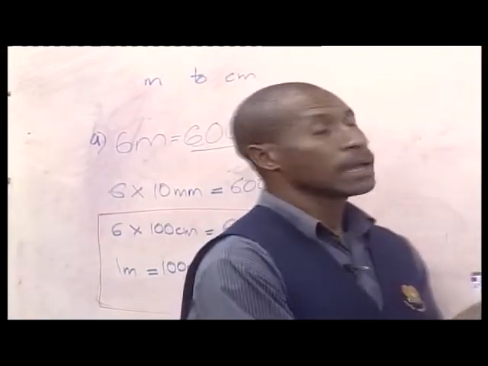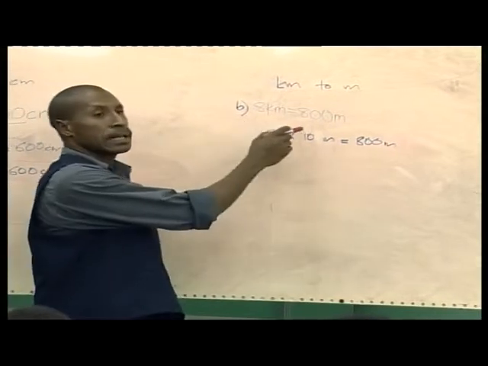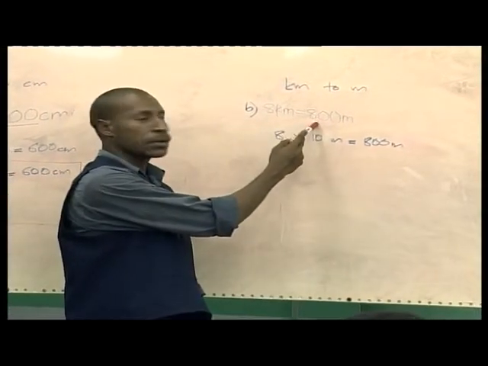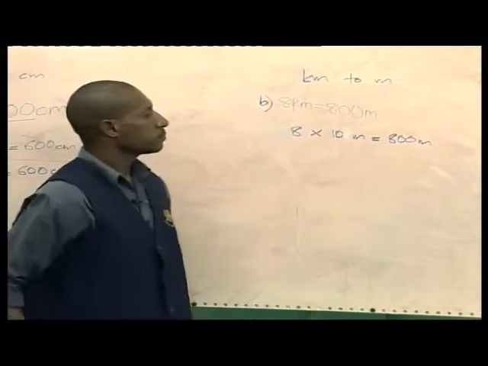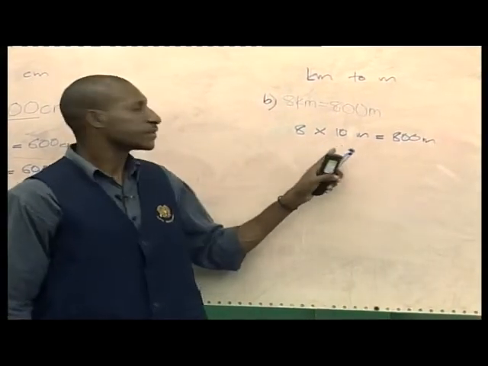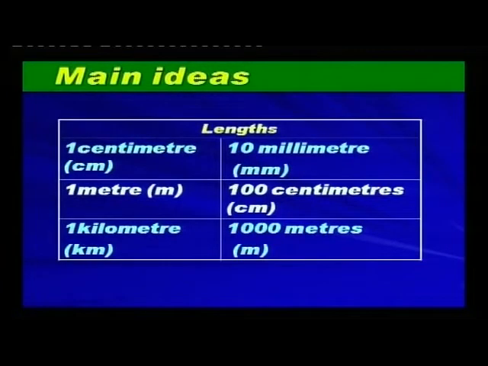Now, exercise B. Is the answer correct? No. Okay. Is the working out correct too? No, the working out is not correct. So 1 kilometer is equals to how many meters? 1 kilometer is equals to 1,000 meters.